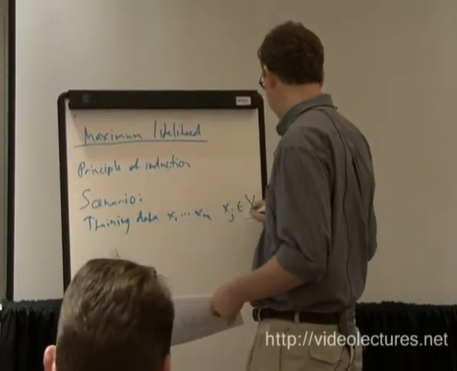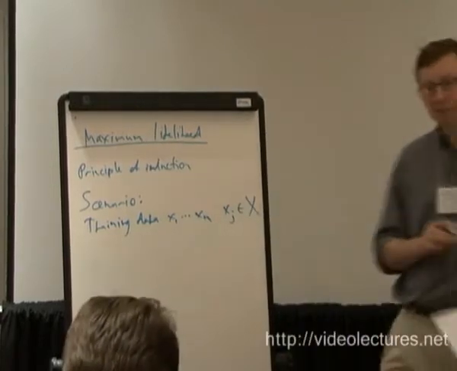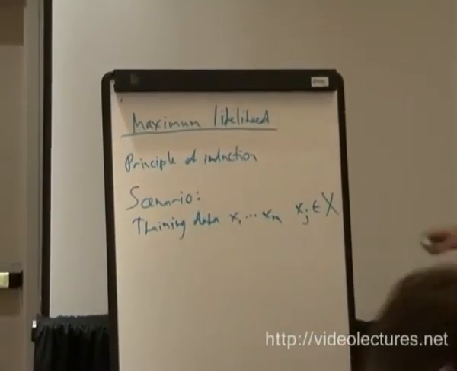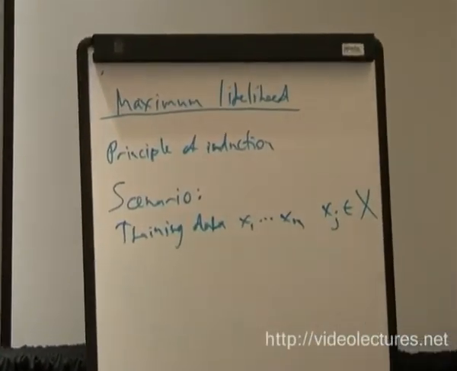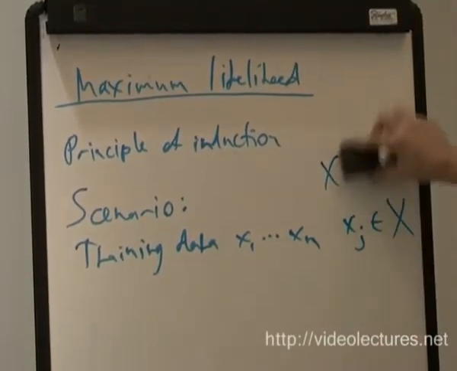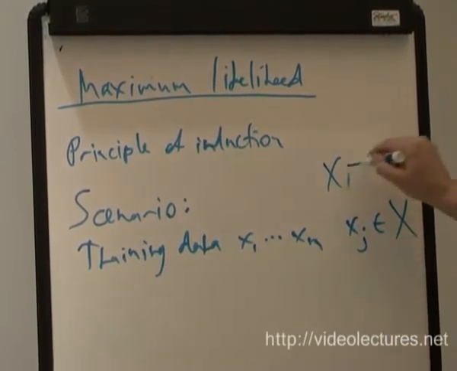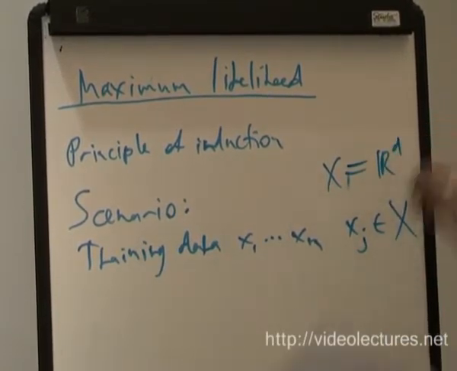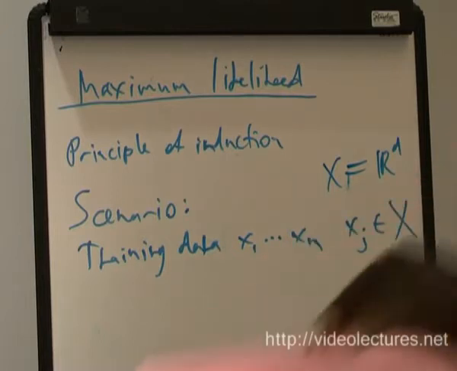Each xj belongs to some set X, and I don't need to specify what that set is. Very commonly, X is a Euclidean space, R to the d for some d, and each training example is a fixed length real valued vector. But I don't need to assume that.